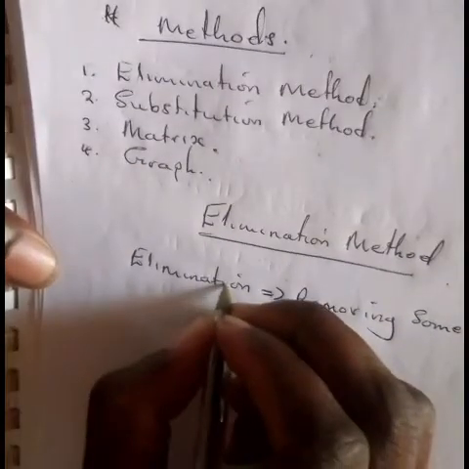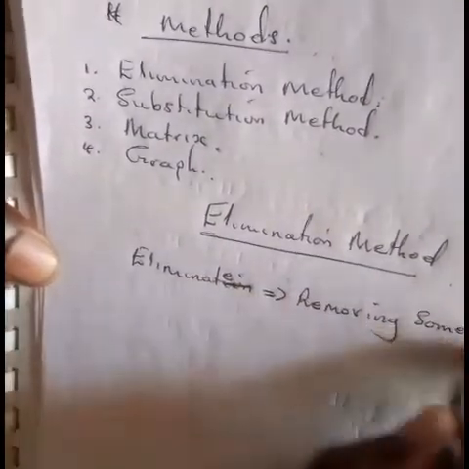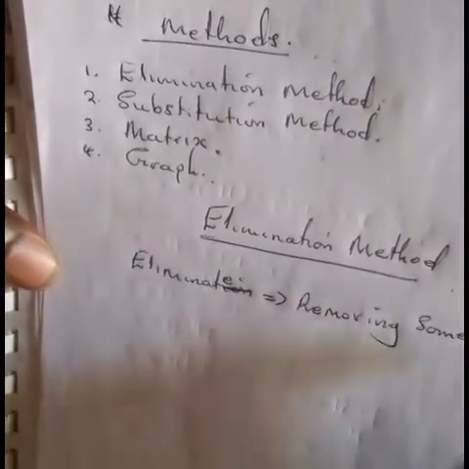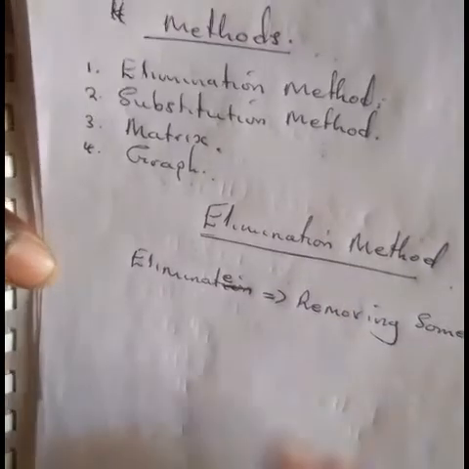To eliminate means to remove something. So when we say elimination method, we mean that out of the process we have to get rid of something.